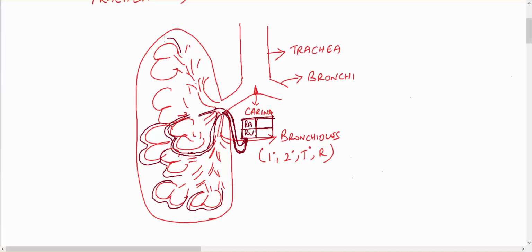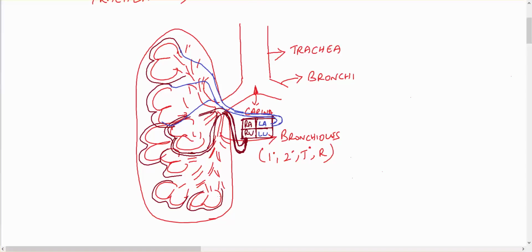Like that, the capillary comes from the pulmonary artery, surrounds all the alveoli, and comes out as venules. All the venules join and form the pulmonary vein. This pulmonary vein goes to the left atrium. So this is the left atrium, left ventricle. This is how they are arranged.